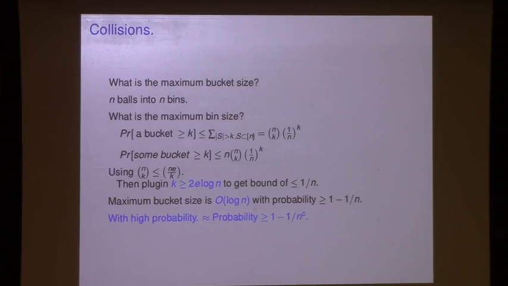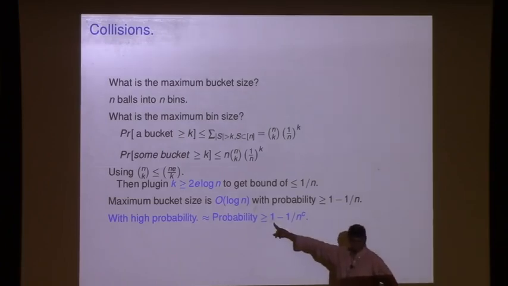Okay, so this is what computer scientists call with high probability. Now you can't really have high probability like 2 or 3, right? Because probabilities only go up to 1. That's one problem. So what does high probability mean? It means very, very close to 1.